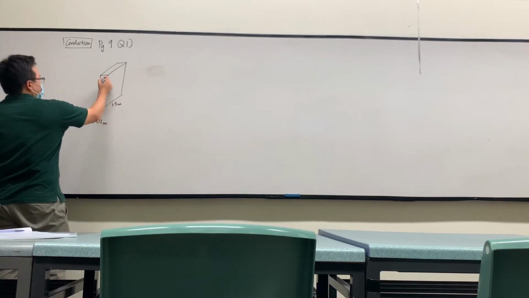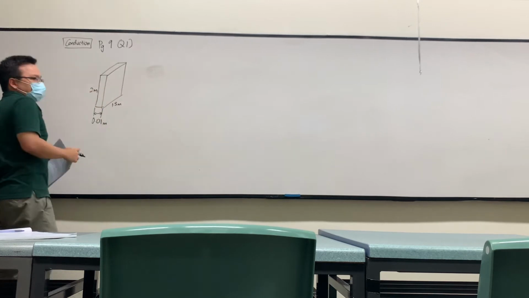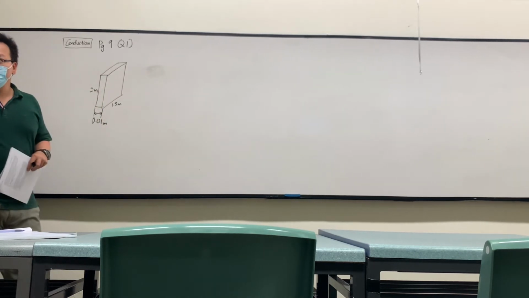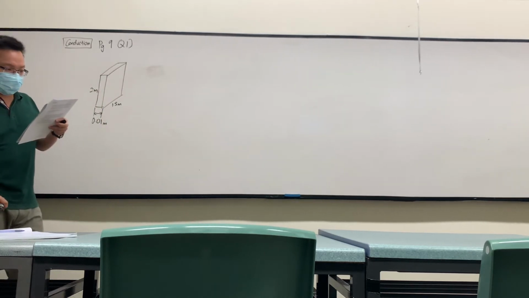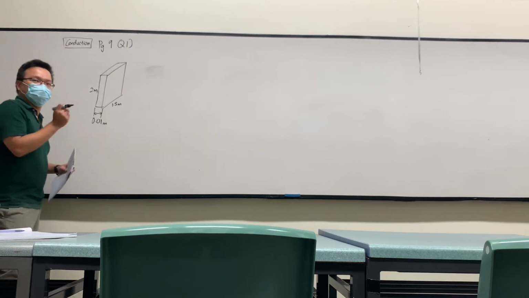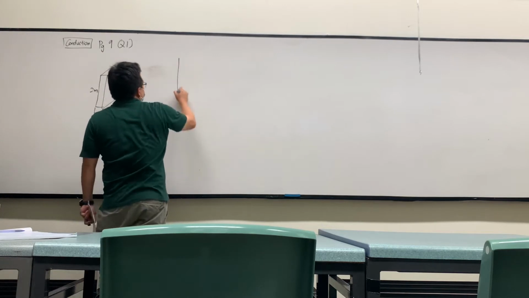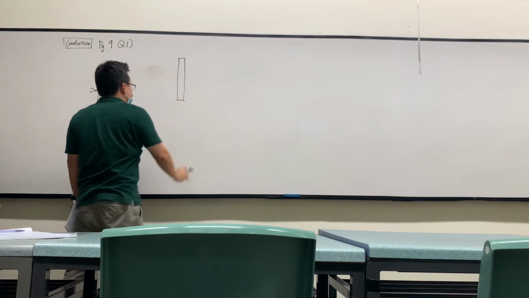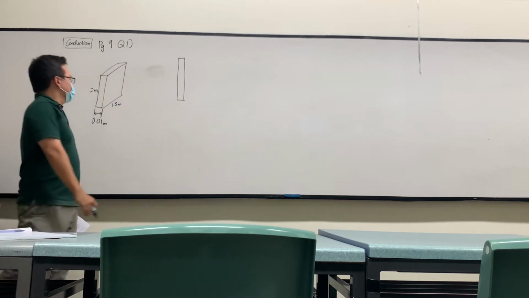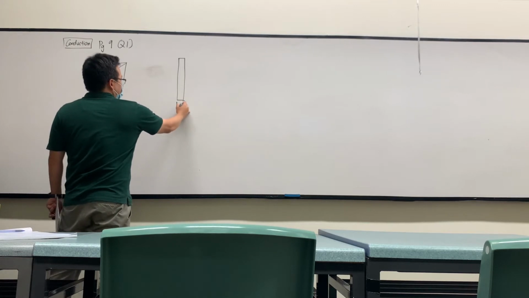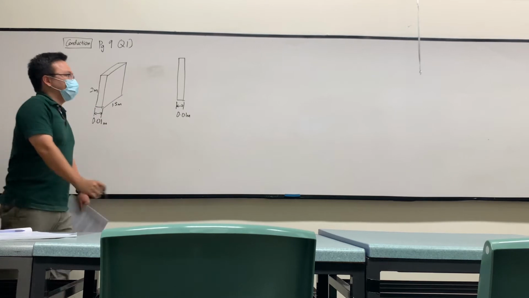This is in 3D, if you want to go all fancy and draw 3D. If you want to do it fast, then you just draw a 2D cross section. In the exam I leave it to you how you want to do it.